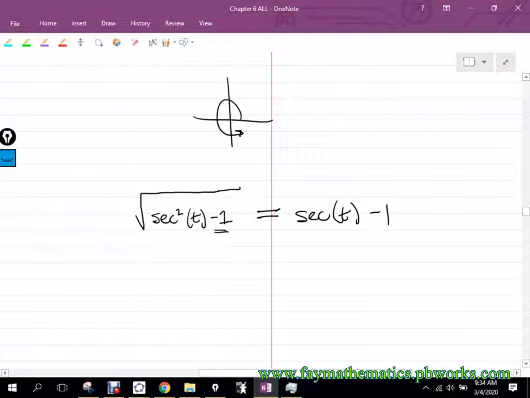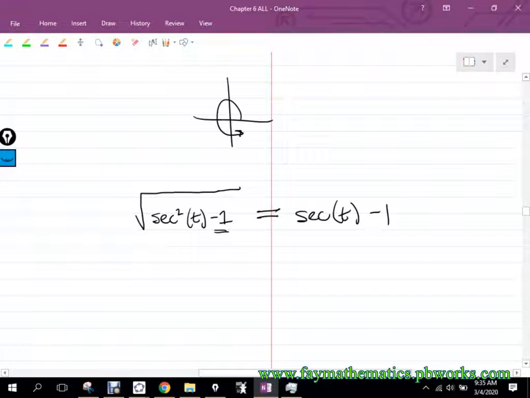Yes. Okay, but 1 is unique because the square root of 1 has kind of an identity property, where I get itself. But if it was like the 9 you said earlier, could I rewrite this as secant squared minus 3, or secant t minus 3?